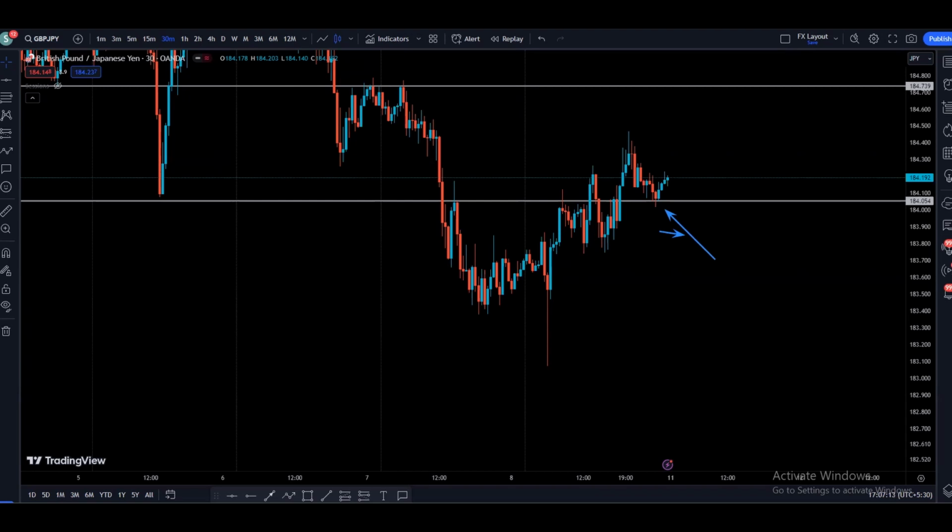So what I'll be anticipating in this situation, as I mentioned before, is some kind of break of market structure for the price to break the previous low, and then if the price comes up to make a pullback and create resistance, then I'll be looking for a shorting opportunity to target this and this support.